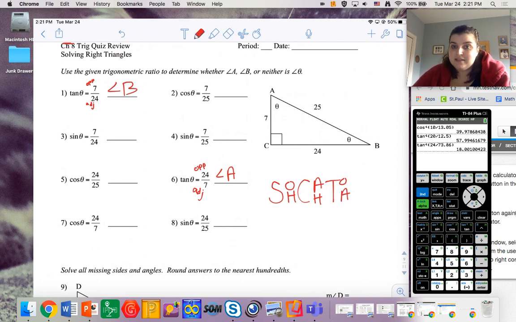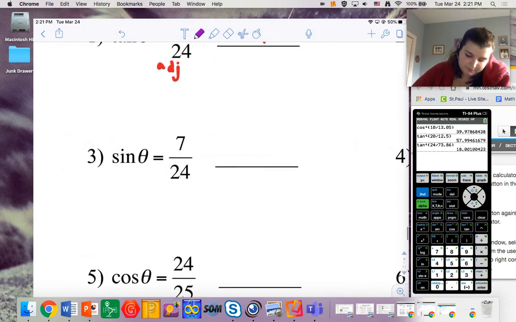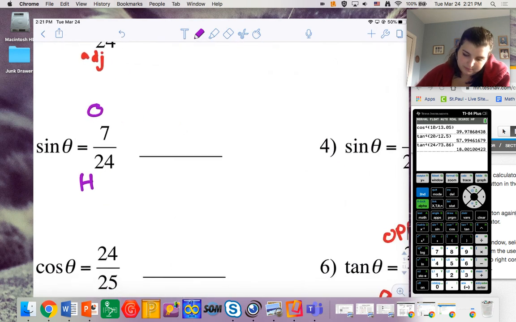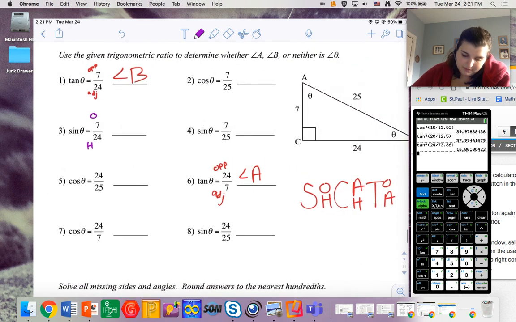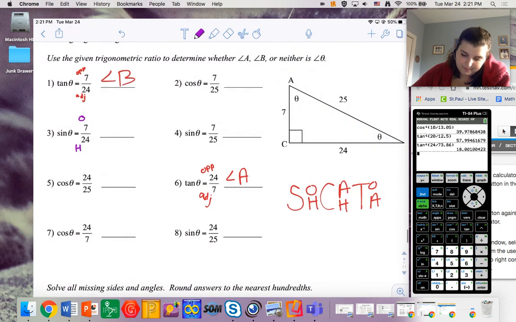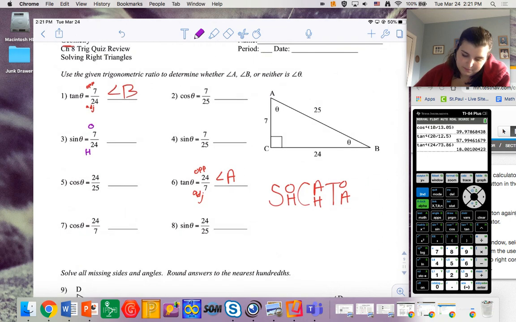Should we do sine next? So sine is going to be opposite over hypotenuse. Okay. So for number 3, opposite, the 7 is angle B. 24 is not the hypotenuse.